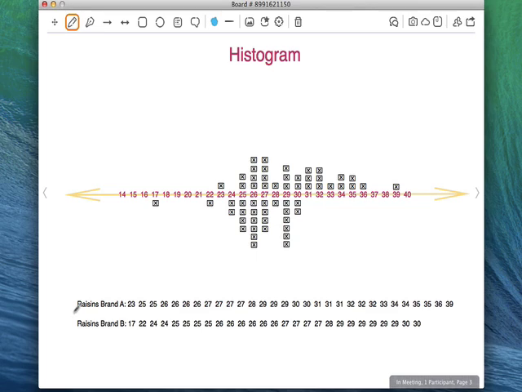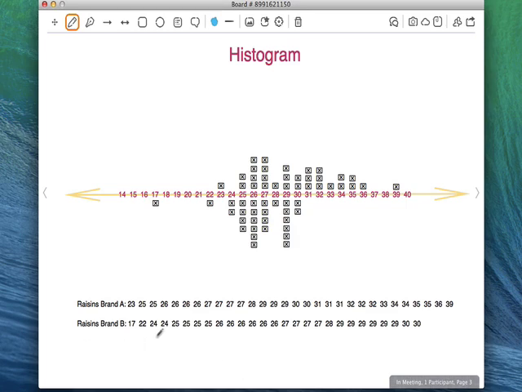I have at the bottom of this page a list of a couple different brands of raisins for an example data collection project. The different boxes of raisins had different amounts of them. One brand had 30 different boxes that were sampled, and they have different numbers in each box.